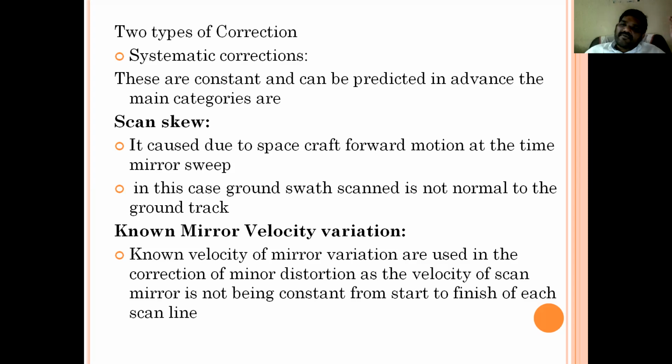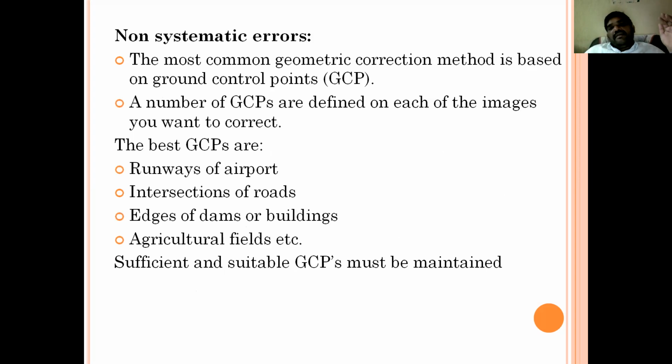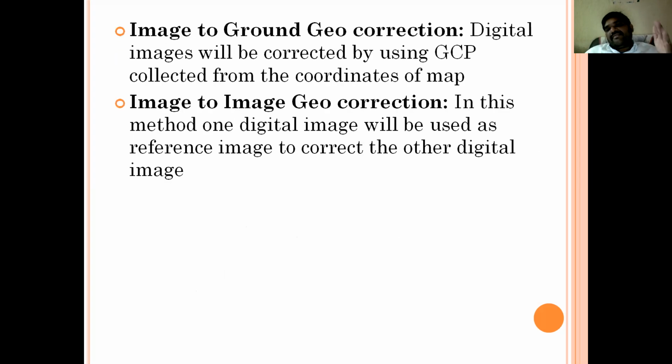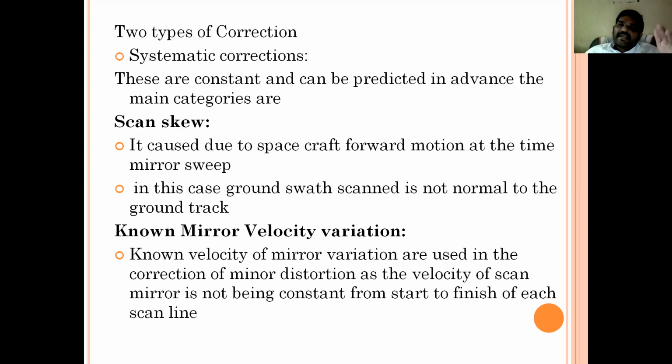This is one type of technique to correct the issue. Mirror velocity variations we have seen. Non-systematic corrections. Under non-systematic errors, we have seen image to ground geocorrection, image to image geocorrection. All these we already discussed. That's why I'm not discussing again here.